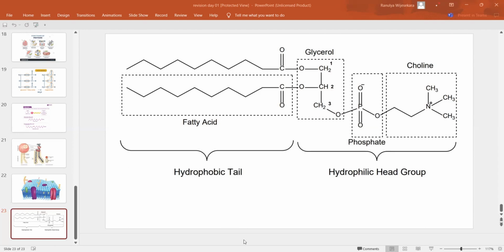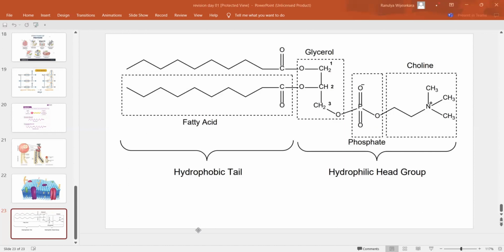The first point. Major elemental composition is carbon, hydrogen, oxygen. Next point.